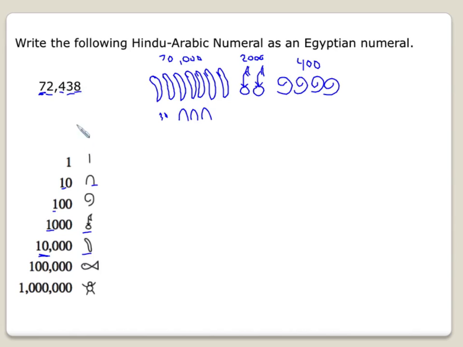And then 8. So we need 8 vertical staves. So 1, 2, 3, 4, 5, 6, 7, 8. And there's our 8. Okay. Now what's cool about this number is that order doesn't really matter. You can just put them in any order you want, and as long as they all add up to be this number, then you've done it right.